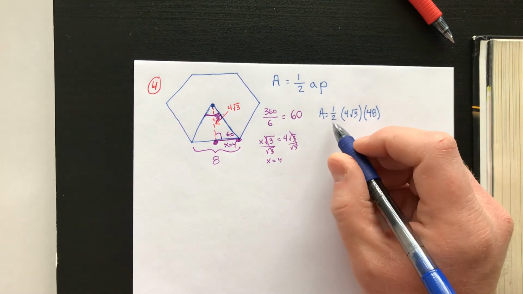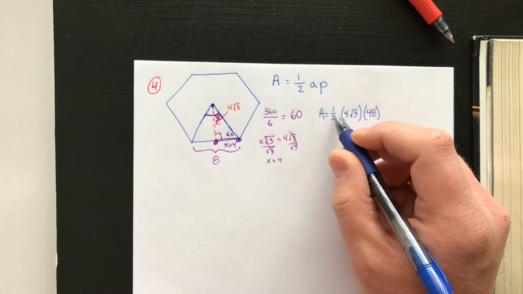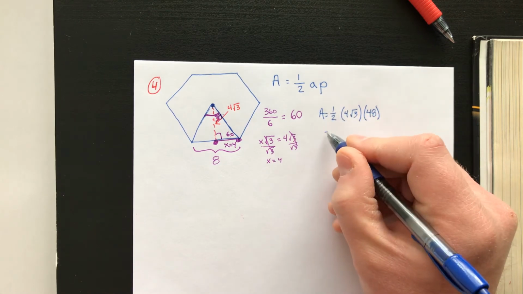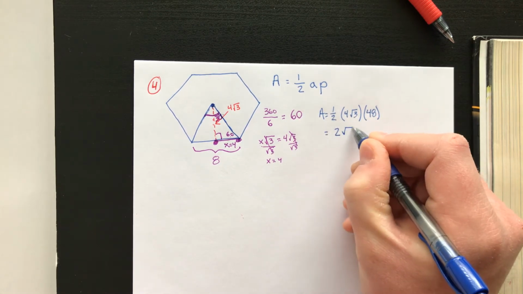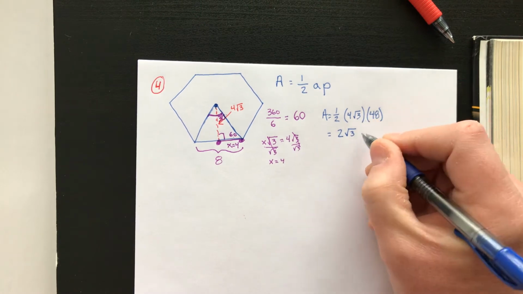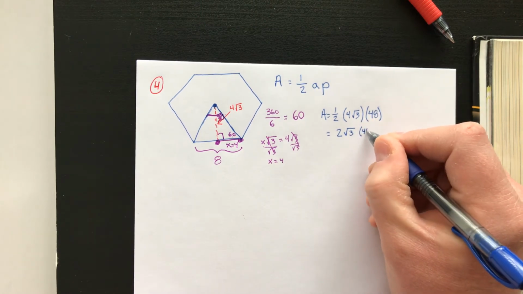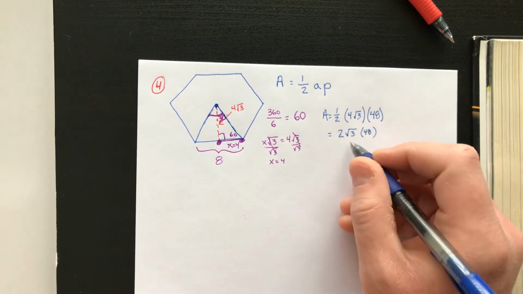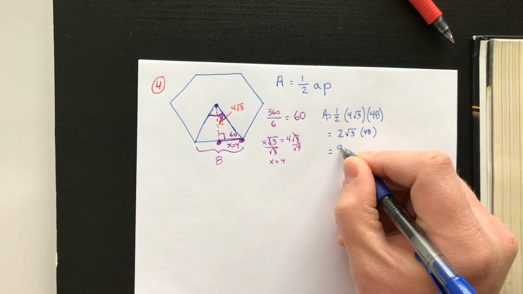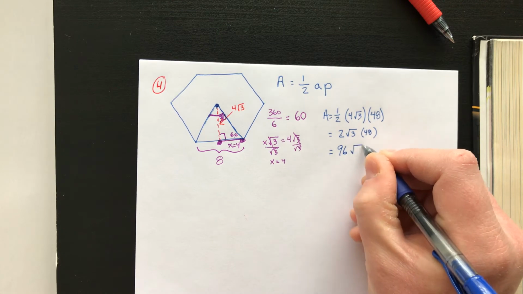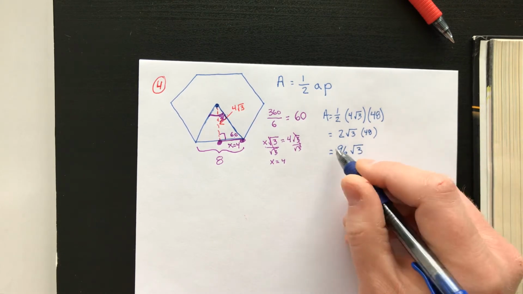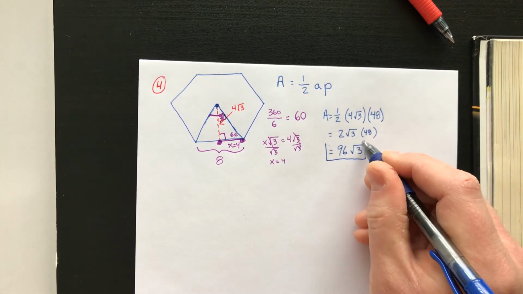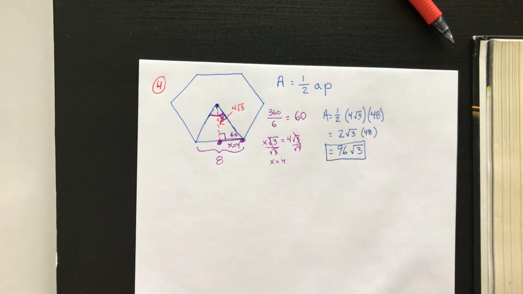So I can just do the problem now. 1/2 times 4 is 2 root 3 times 48. And what is 2 times 48? So my total area of this hexagon is 96 root 3.